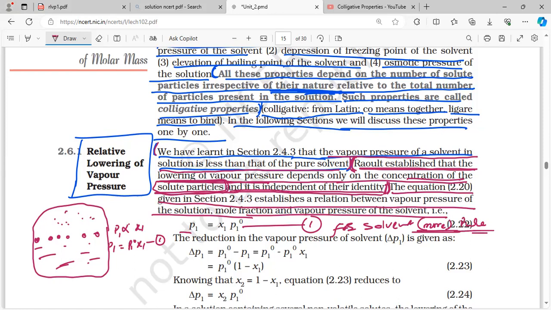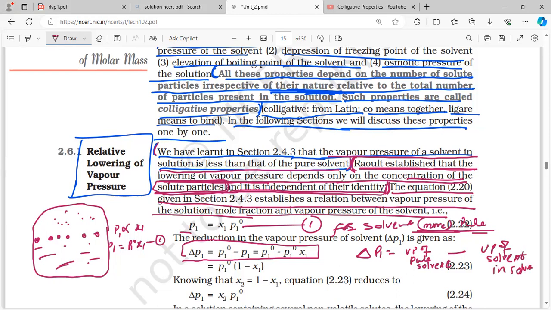So delta P1. Here you see delta P1. How can we write this? Delta P1 is equal to the vapor pressure of pure solvent minus the vapor pressure of solvent in solution. We cannot take solute, since solute is a solid solute now.